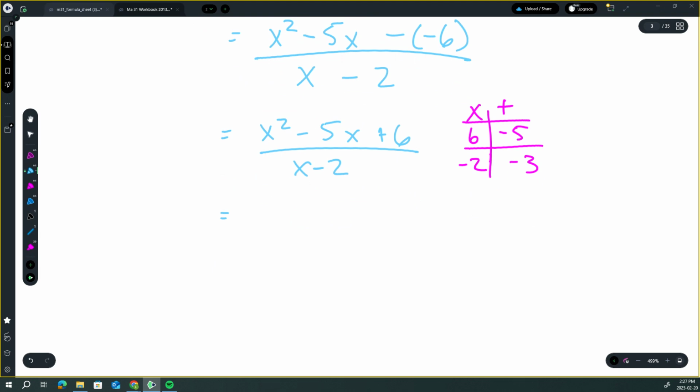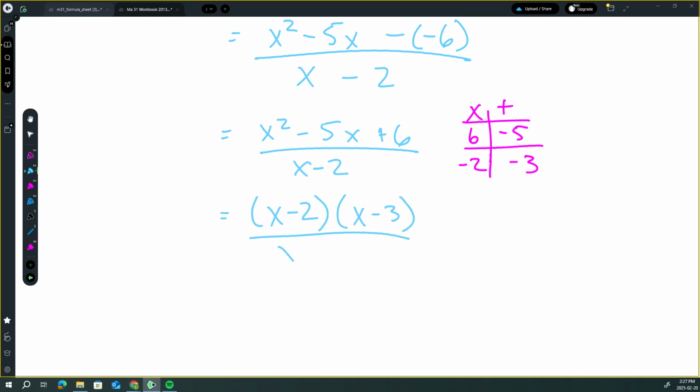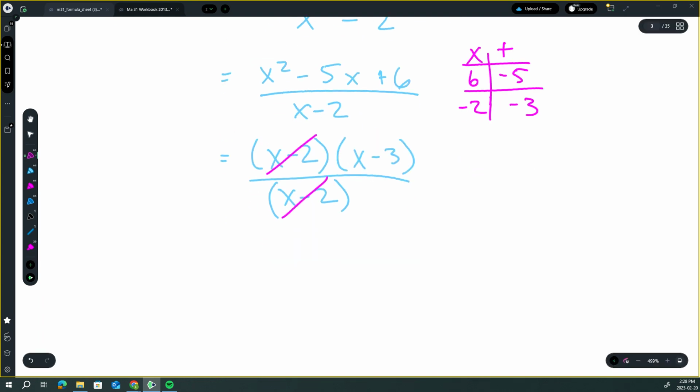Okay, since our coefficient in front of x squared is 1, that means we can factor by inspection. So we can go straight to x minus 2 times x minus 3 divided by x minus 2. We have a common factor in the numerator and denominator, so we can cancel those out.